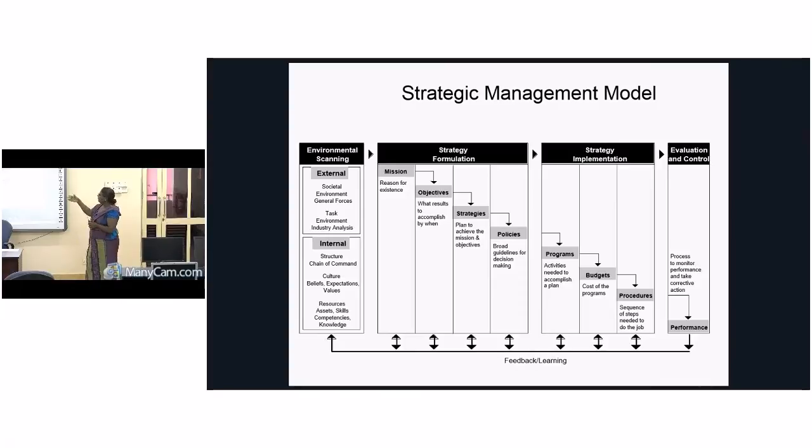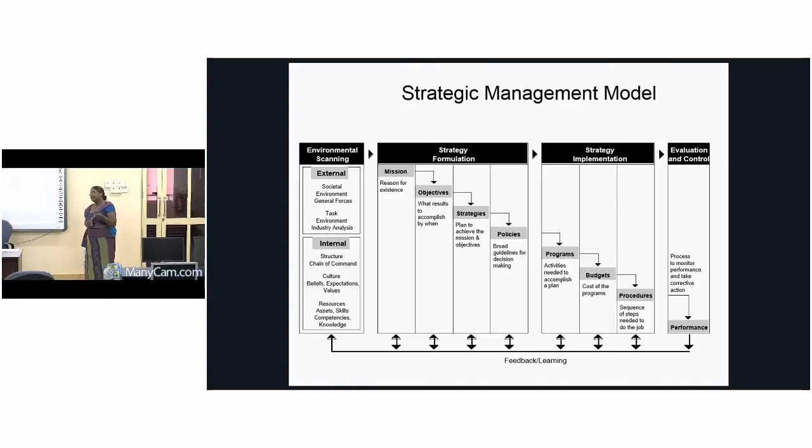Then you do the internal environmental analysis to understand the positive factors and negative factors in this environment. Positive factors in the external environment are called opportunities. Positive factors in the internal environment are called strengths.